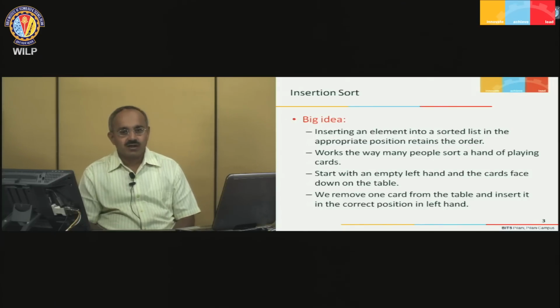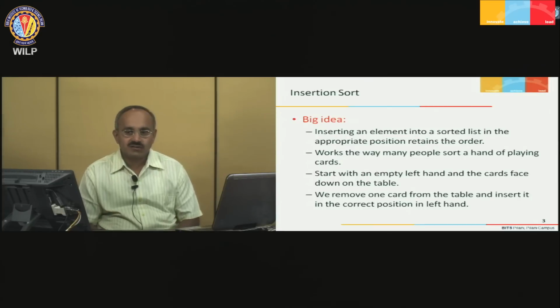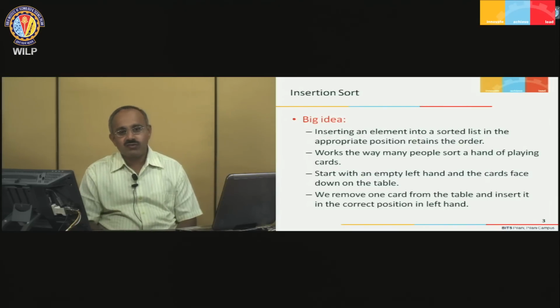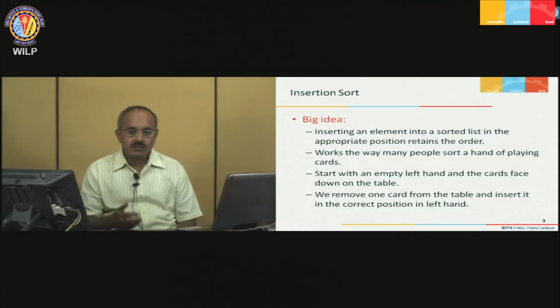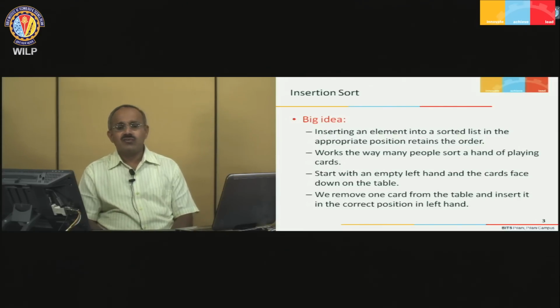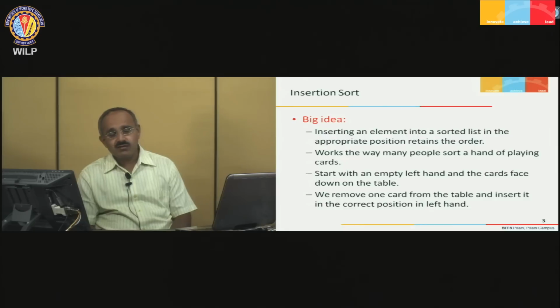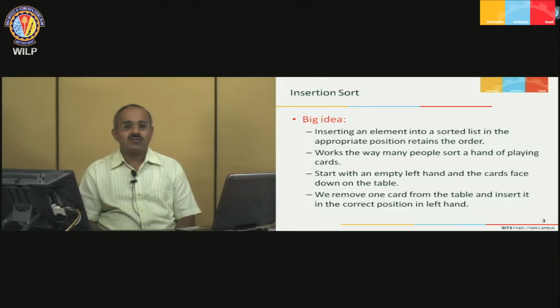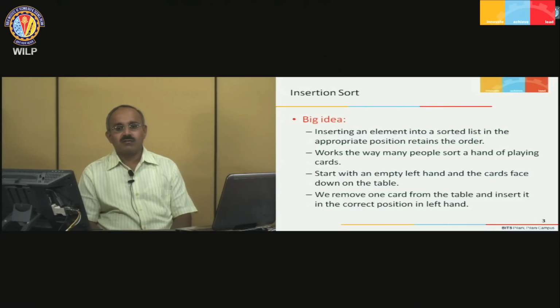Now you pick up the second card, and keep it in the right position relative to the first card in your hand, and you keep repeating this process until there are no more cards to be picked and arranged. This is something that we do naturally when we play cards. The insertion sort algorithm is simply going to abstract this principle and use it to sort a given sequence of numbers.